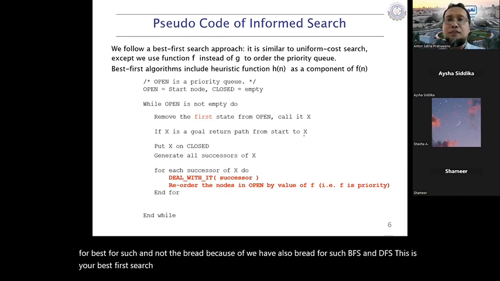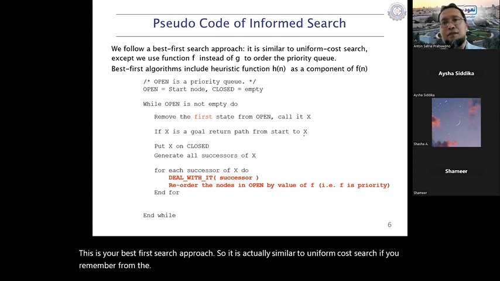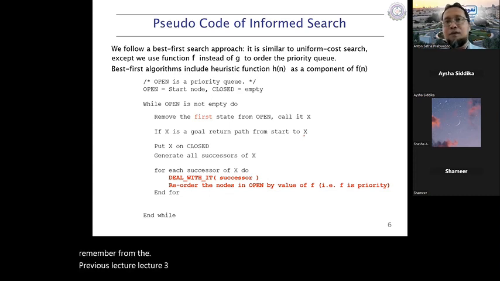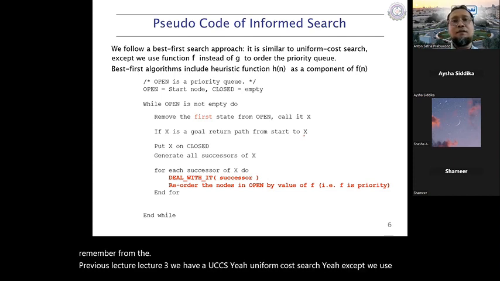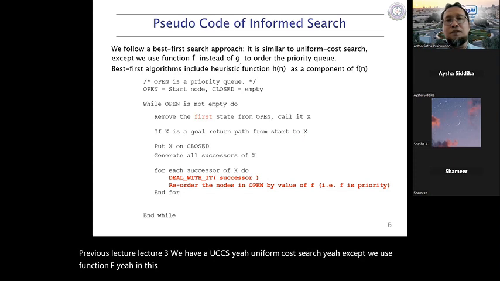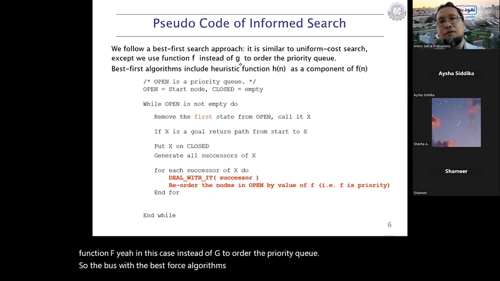It is similar to uniform cost search, UCS, from the previous lecture, lecture 3, except we use function F instead of G to order the priority queue. The best first algorithm includes the heuristic function H(n) as a component of F(n).